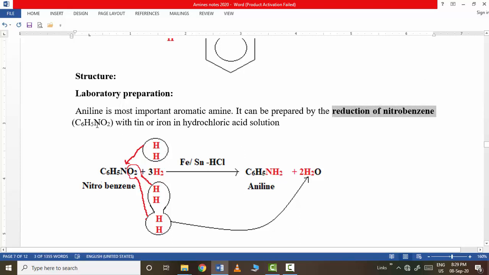The formula I have given here with tin, the symbol of tin is Sn, or with iron, the symbol of iron is Fe, in hydrochloric acid solution. So, reduction of nitrobenzene with tin or iron in hydrochloric acid solution.